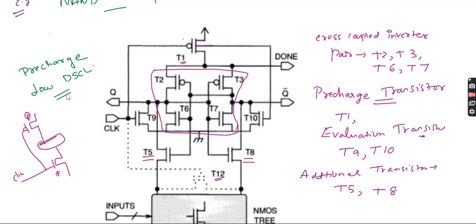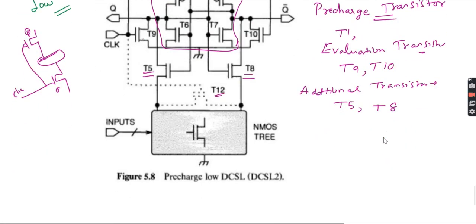T5 and T8 will increase the capacitance of the output load.